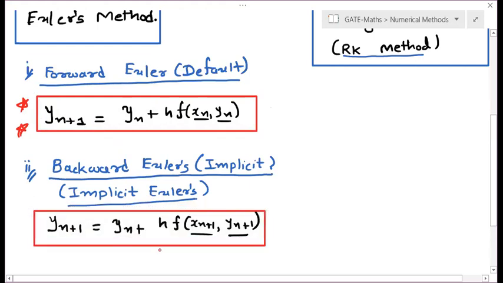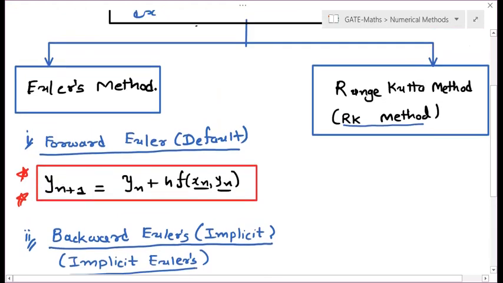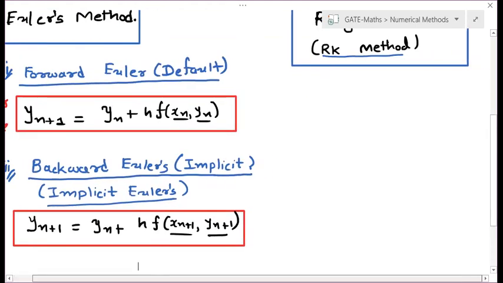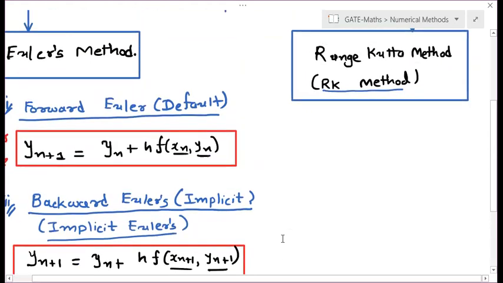Now let us see the formulae for the RK methods, or what the different RK methods are. In RK there are three methods: second order RK, third order RK, and fourth order RK.